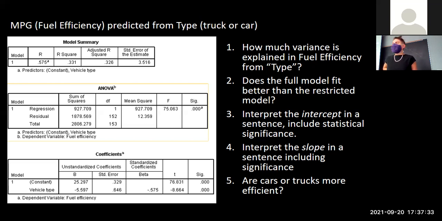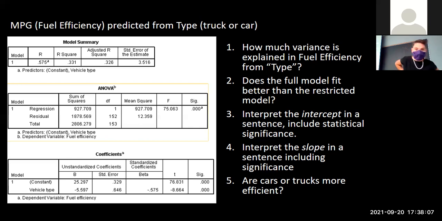All right, so then the last question, which has generated a lot of heated discussion in previous classes, so I'm curious how this one went. Who is more efficient, cars or trucks? How do you know? Because the fuel efficiency goes down by 5.6 miles per gallon.